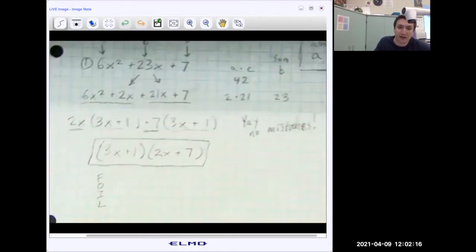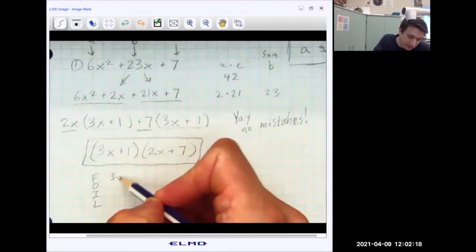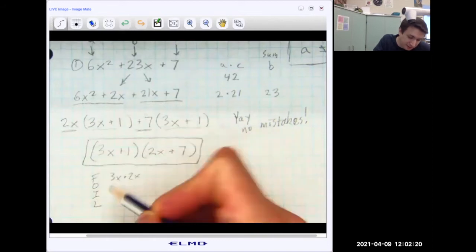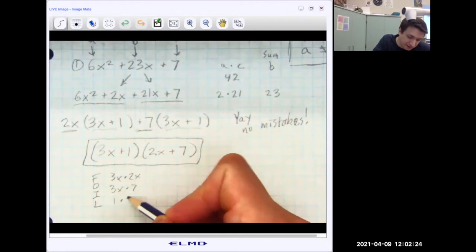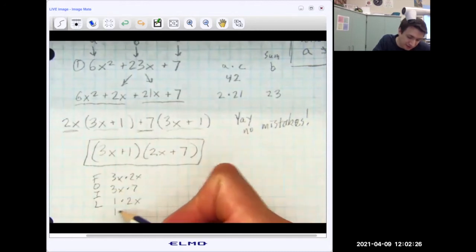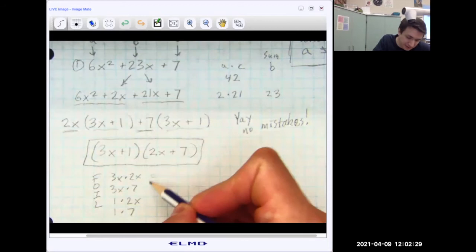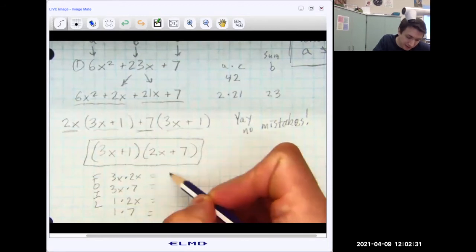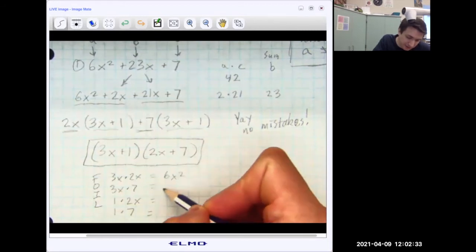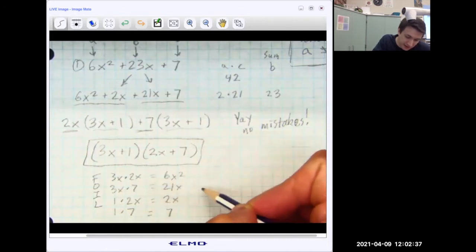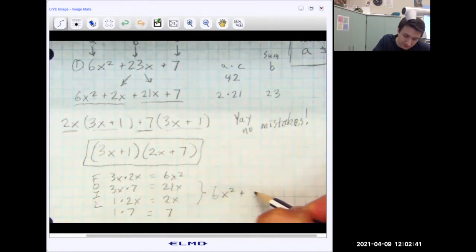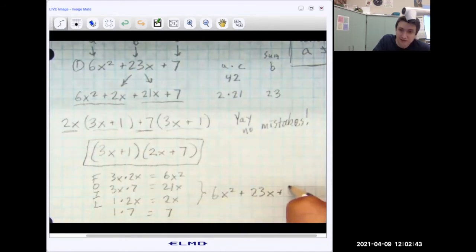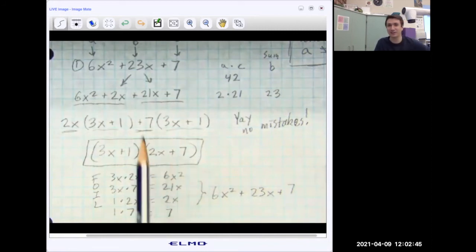So I'd have 3x times 2x, and then I do 3x times 7, and then I do 1 times 2x, and then I would do 1 times 7. And if I combine all those, let's see, I get 6x squared, I get 21x, I get 2x, and I get 7. And then we put those all together, and we get 6x squared plus 23x plus 7. Hey, look, it worked. See?